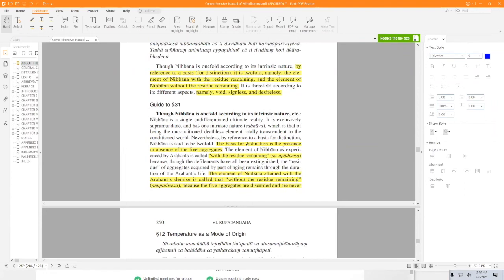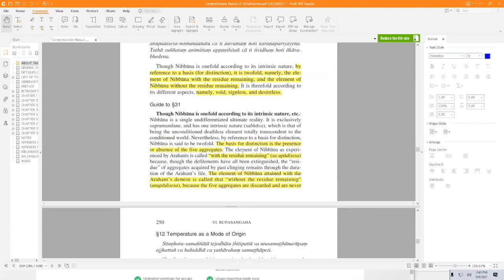The element of Nibbana with a residue remaining, that is the Nibbana as experienced by the Arahants while they're alive. And so the residue is the composite of the five aggregates that had been acquired at birth as a result of past clinging, and that composite of the aggregates remains through the duration of the Arahant's life.